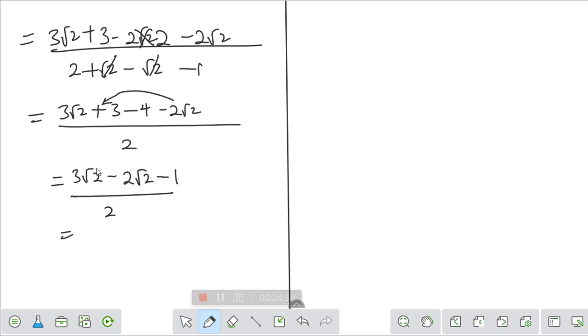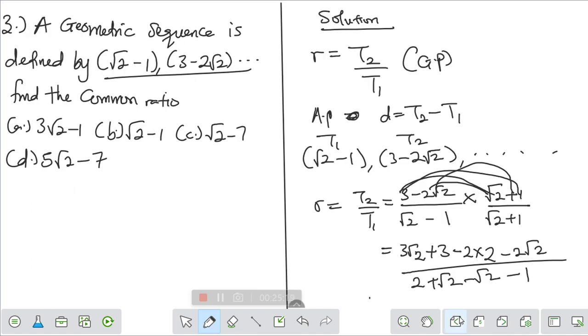So we have 3 root 2 minus 2 root 2. That will be root 2. So root 2 minus 1 over 2. I think that should be our final answer, if we have not made a mistake, because what I'm getting here is different.